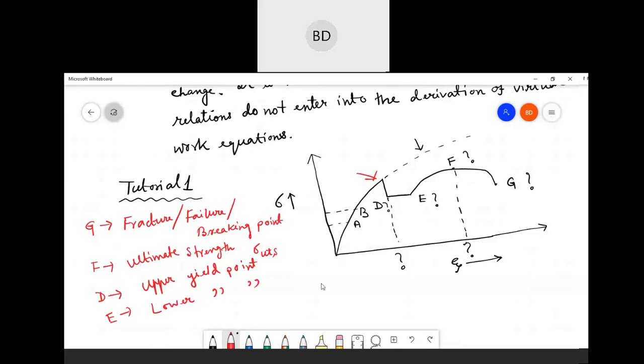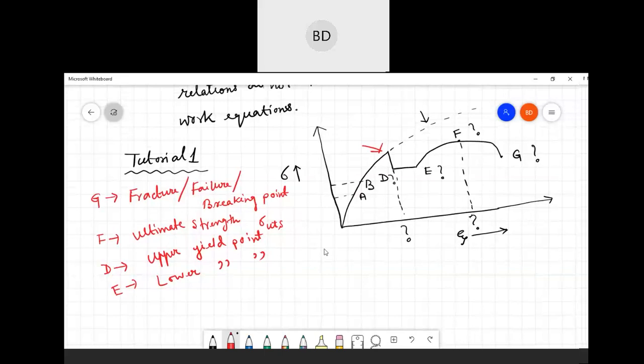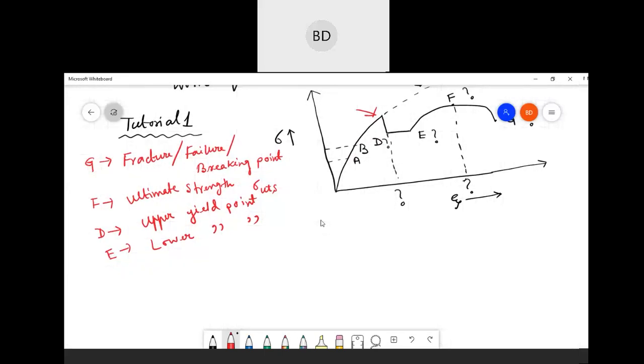Fine. Then what is left? Then B. B is the elastic limit point. So that we can say sigma E, E for elastic. Then point B we can say proportionality limit. Lower yield point. Elastic limit.